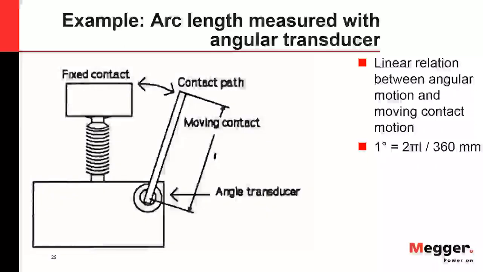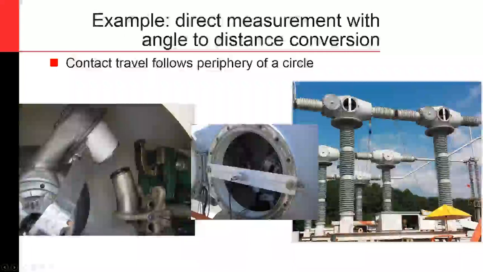We can also do a conversion where we hook up a rotary transducer directly to, like, the center of this moving contact. The actual contact path is following along an arc, and so now you have to multiply to get that arc length to see what your interrupter stroke is. And this is that SF6 circuit breaker I mentioned before. This is a 500 kV circuit breaker, 4 breaks per phase.